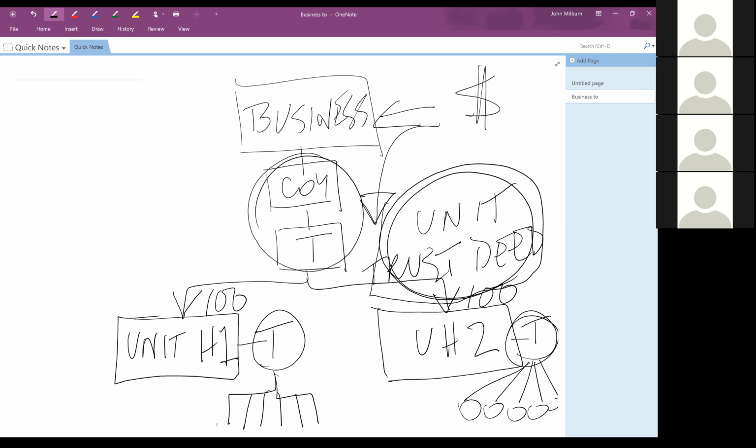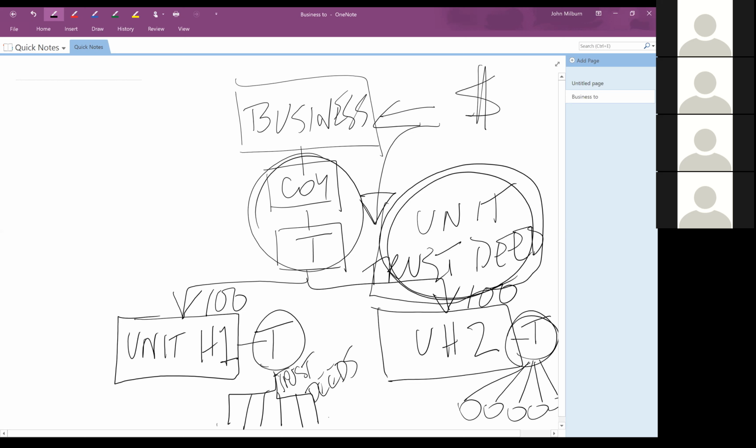So unit holder 1, who has 100 units, will receive the same amount of money from the trustee as unit holder 2. There's no discretion at that stage because the unit trust deed is a fixed trust, and it's only once it's received by the unit holder, who also happens to be in both cases a trustee, that the circumstances change, because the unit holders are trustees of discretionary trusts, and they are subject to individual trust deeds.